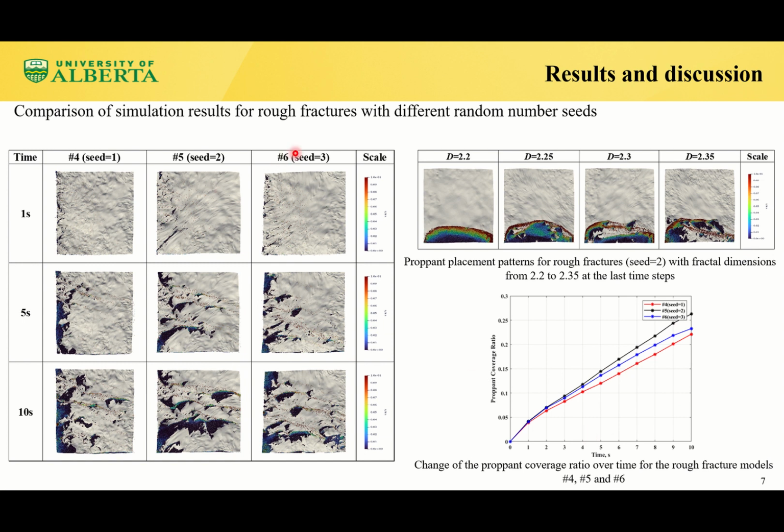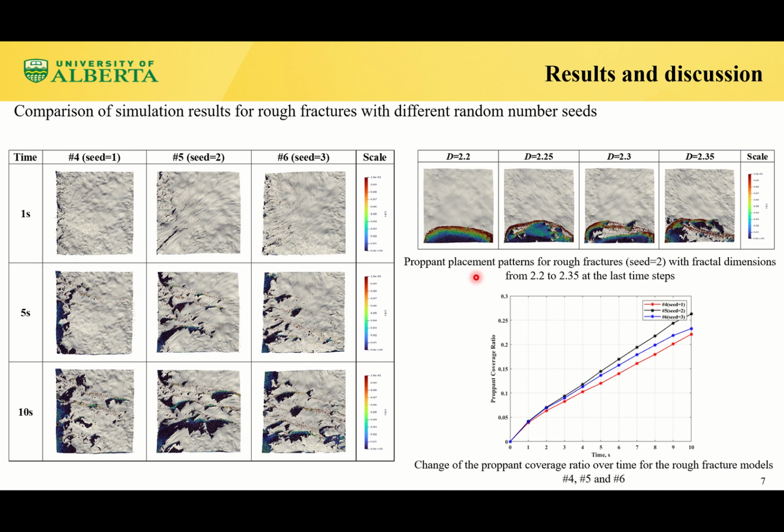This shows a comparison of simulation results for rough fractures with different random number seeds. This picture shows rough models number 4 to number 6 with the same fractal dimension 2.4 but with different random seeds 1, 2, and 3. It can be seen that although most particles are jammed at the inlet, proppant distributions are different for different models.